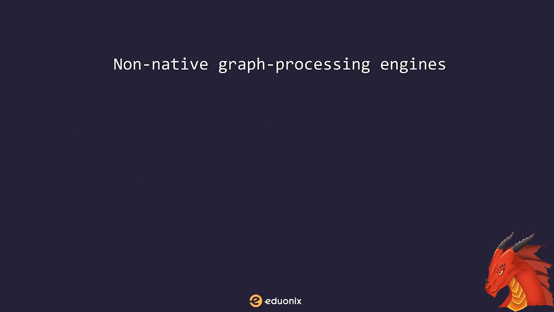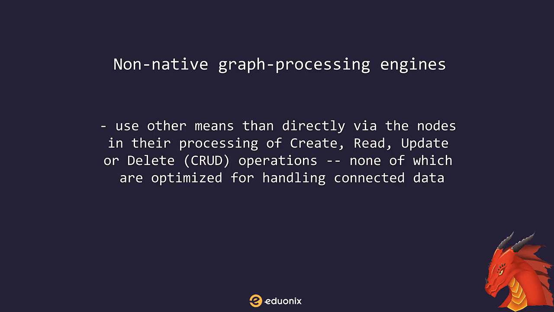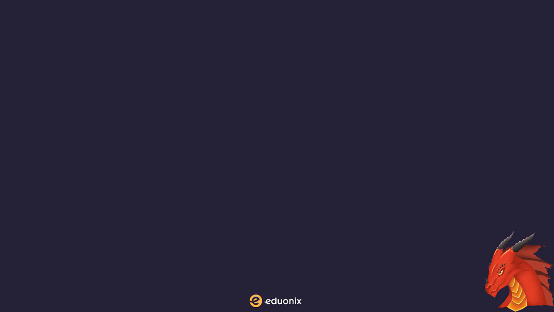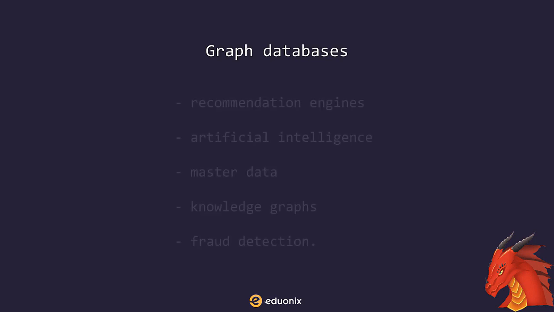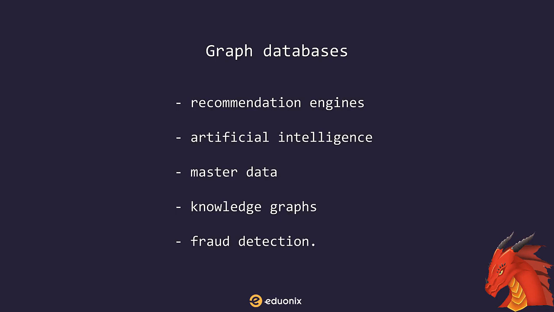Non-native graph processing engines use other means than directly via the nodes in their processing of create, read, update, or delete, CRUD, operations, none of which are optimized for handling connected data. Graph databases are used also in technologies such as recommendation engines, artificial intelligence, master data, knowledge graphs, and fraud detection.